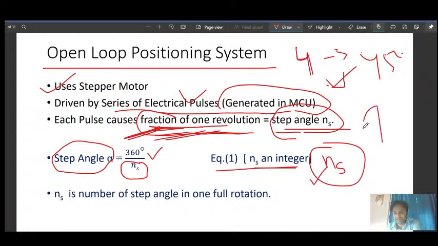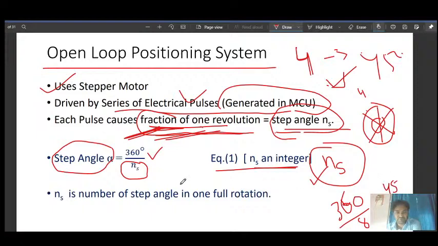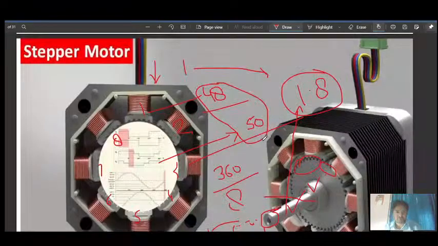Suppose 8 stator shoes, as in the previous case, so it was without a hybrid system. In the general case we will have 360 by 8, 45 degree. When we are having 4, then 360 by 4, 90 degree. Maybe I was wrong in explaining; I said 45 degree.